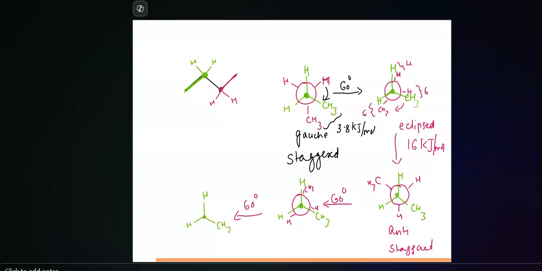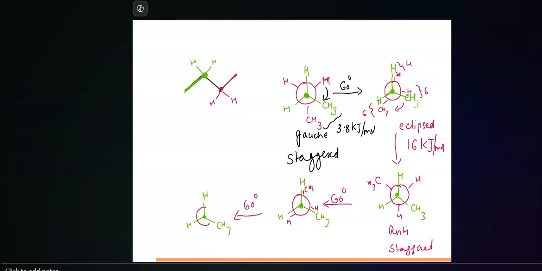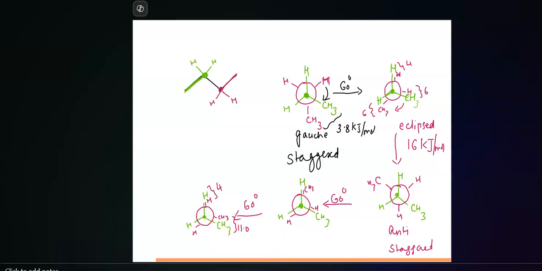When I do the 60-degree rotation, this pink CH3 comes over here behind the green CH3, the pink hydrogen here, and the other pink hydrogen here. If you see, the 2 CH3s are very close to each other, and the interaction between them is about 11 kilojoules. These two are 4, this is another 4, correct? So we have 11 plus 4, 15, plus 4, a total of 19 kilojoules per mole.